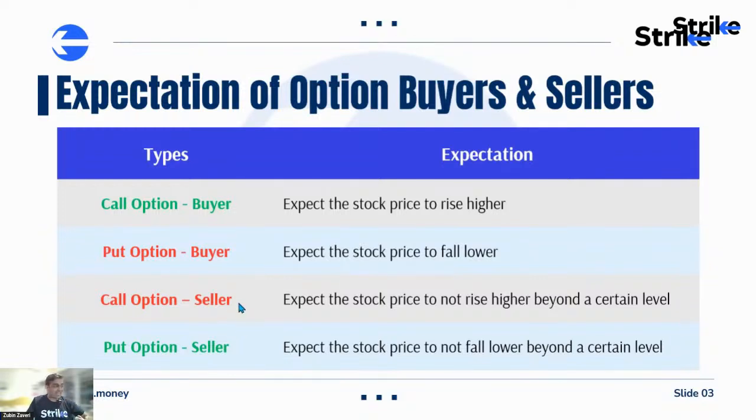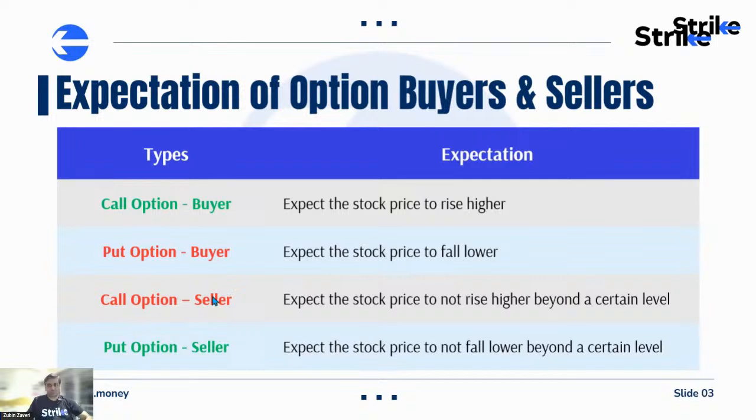If an institutional trader is bullish on a particular stock, instead of buying a call, they would sell a put. And if that institutional player is bearish on a particular stock or an index, they would sell a call option.